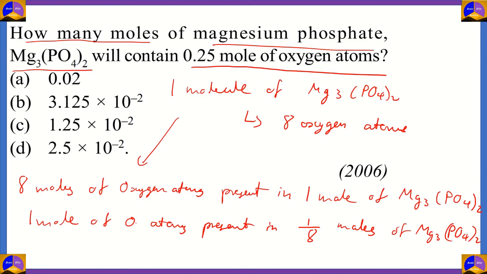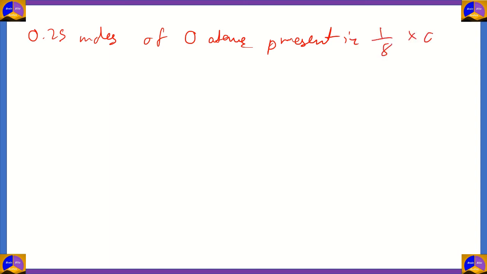Now we need to calculate the amount of magnesium phosphate for 0.25 mole of oxygen atoms. So basically, 0.25 moles of oxygen atoms are present in 1 by 8 into 0.25 moles of magnesium phosphate.